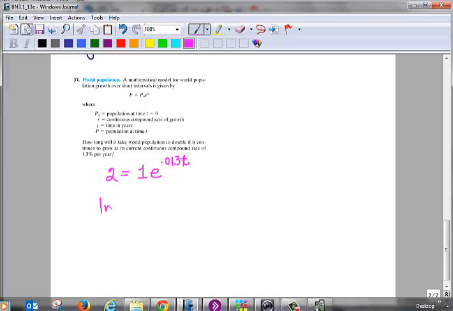So again, natural log 2 equals, and when I take the natural log of this right side, I just get this exponent. And therefore, the natural log of 2 divided by 0.013 gives me how much time? And that looks like 53.3 years.